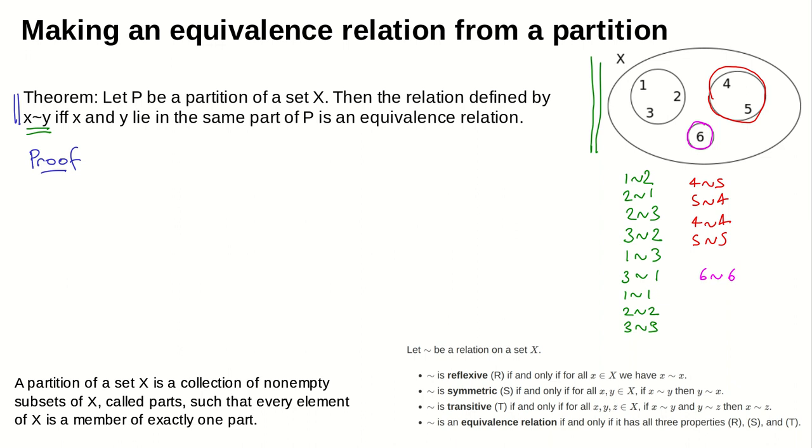We're going to do the reflexivity property, and there is the reflexivity property down at the bottom here. The reflexivity property is that every element is related to itself. But that's easy under this definition because it's clear if we take an element little x in big X, then it's obvious that x lies in the same part as itself.